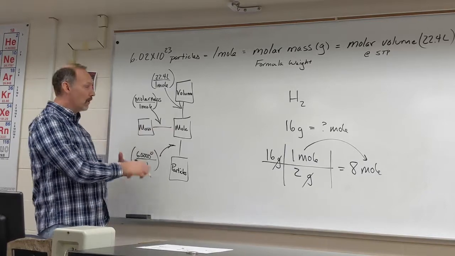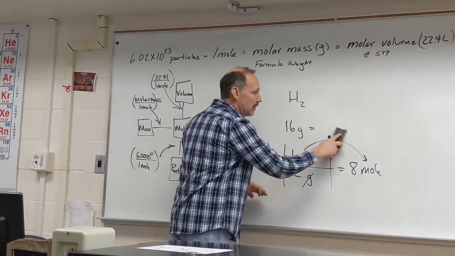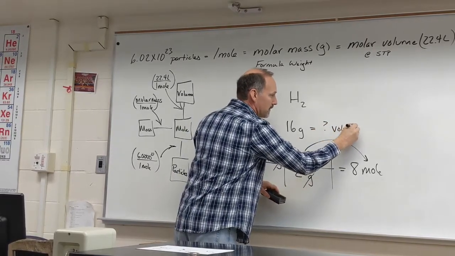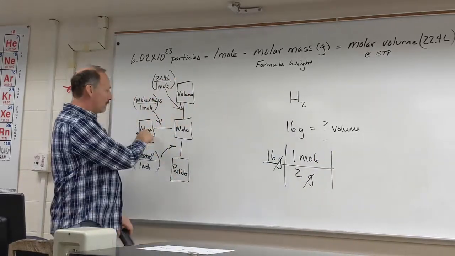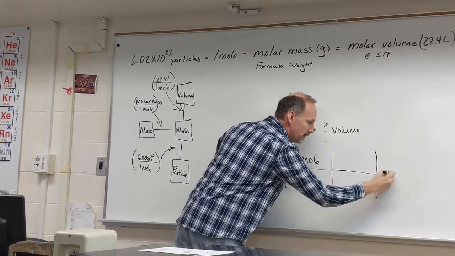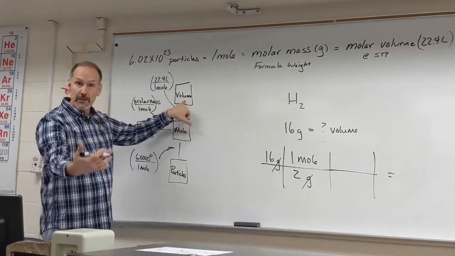If I wanted to turn this into volume, all we have to do really easily is change the number of jumps. To go from moles to volume, we would simply add another jump. If we go up to volume, the one we want goes on top.